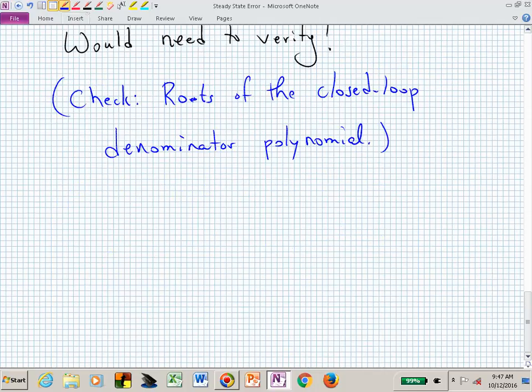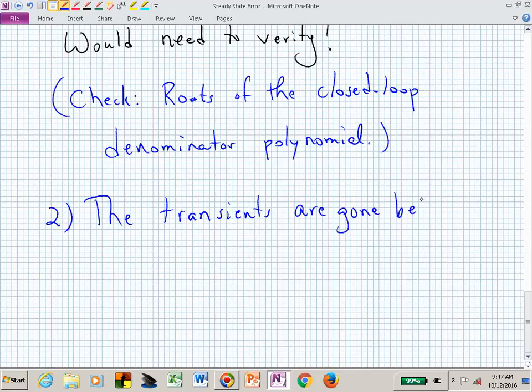Another assumption that we are making, number 2, is we are assuming that the transients have died out. They're gone when we start calculating the steady state error. The transients are gone before we change the reference signal.